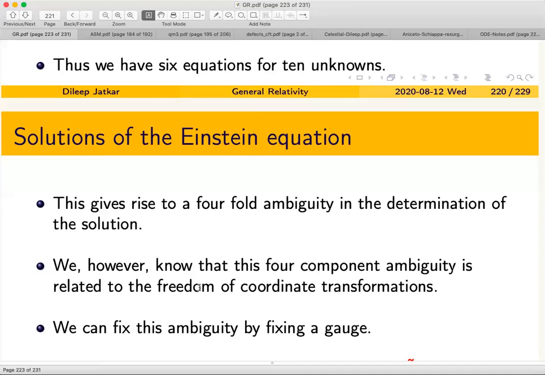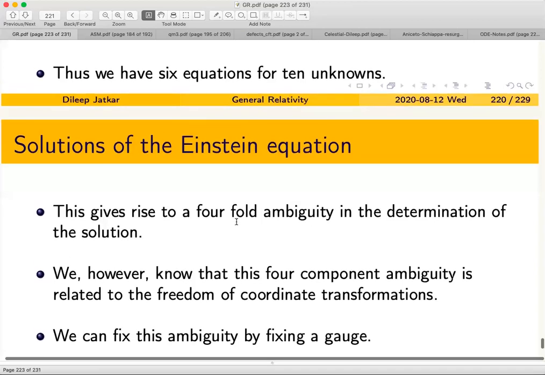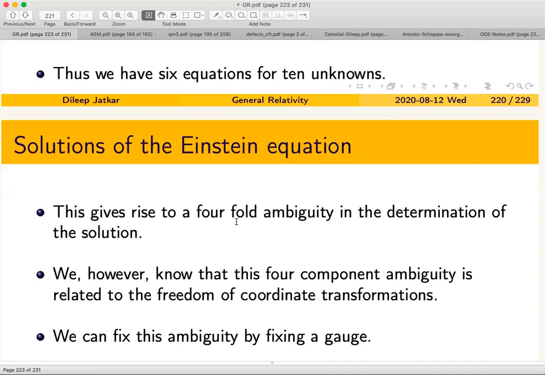Those general coordinate transformations are generated by x mu going to x tilde mu, which is some function of x mu. This transformation involves 4 functions, f mu of x, and those 4 functions introduce the 4 parameter ambiguity in the solution. So what one could do is to fix that ambiguity by choosing a specific gauge.